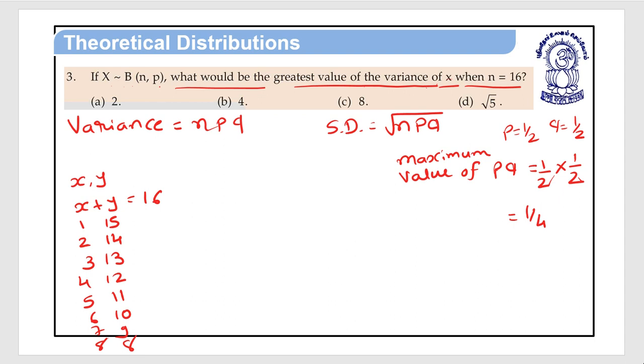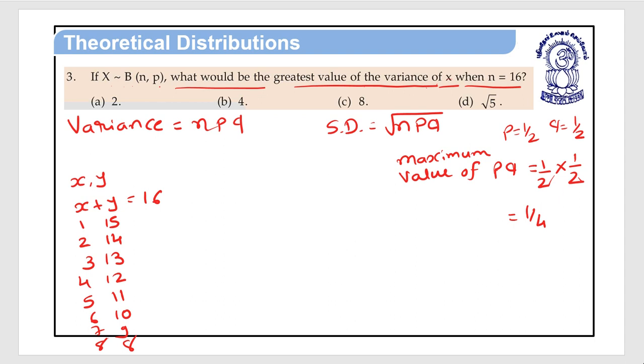1 plus 15 is 16, 2 plus 14 is 16, 3 plus 13 is 16, 4 plus 12 is 16, 5 plus 11 is 16, 6 plus 10 is 16, 7 plus 9 is 16, 8 plus 8 is 16.